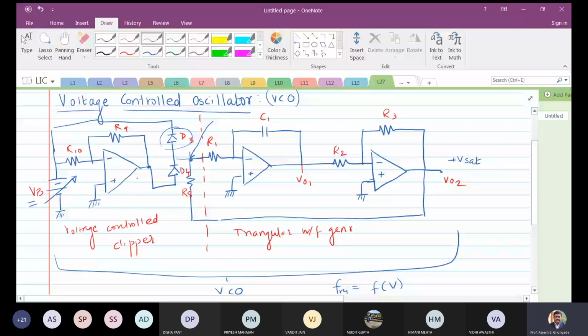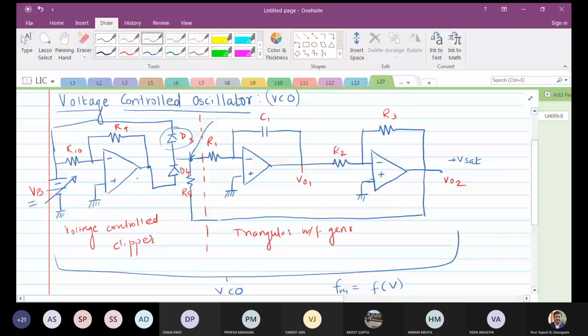Yes, sir. So the positive and the negative peaks of the square wave can be adjusted. So we can control the peak voltage appearing over here by what? By controlling VB. Are you able to see that? Yes.